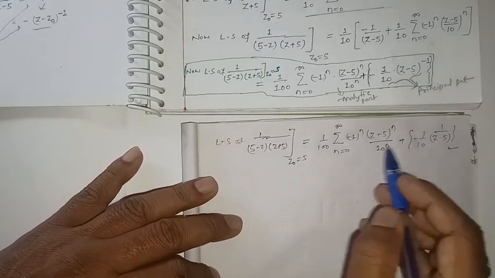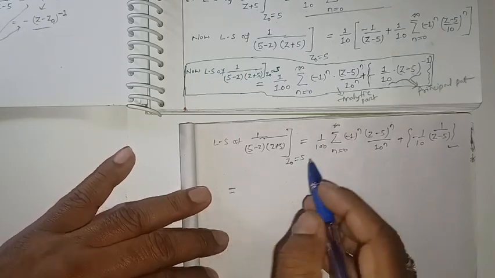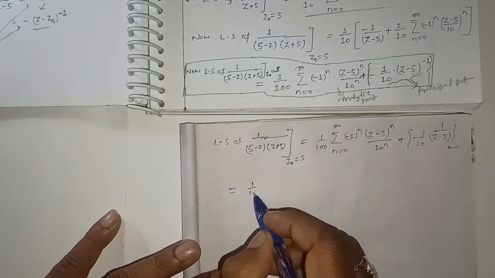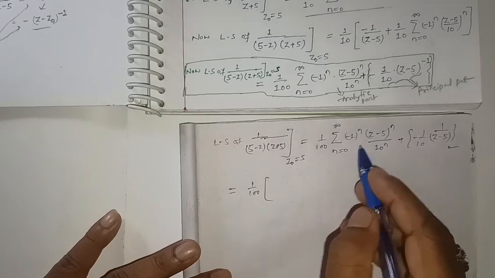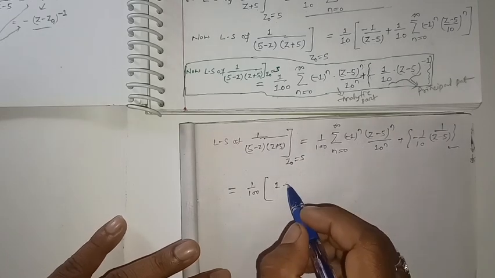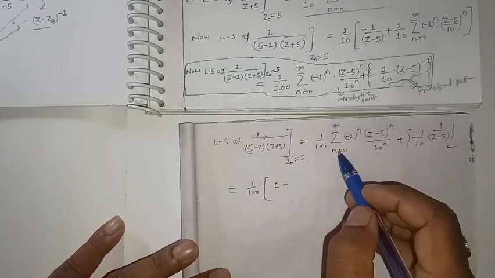This much we found. I'm going to write it in the expansion form. Here, this will be 1 by 100 into 1 plus 1 minus, n equal to 0.